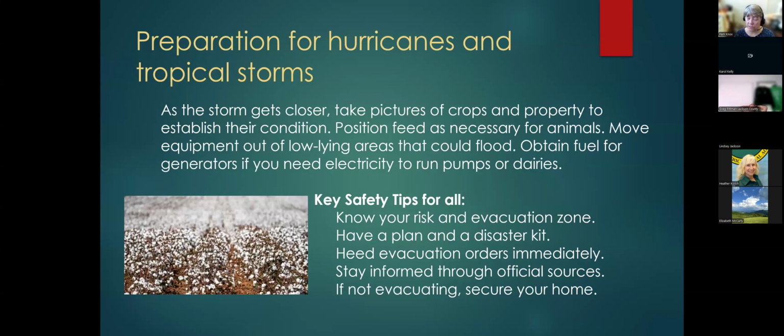Listen to official sources for the most important information about where to go, when it's going to come and hit. Usually, when the winds get too high, they can't send out ambulances or emergency equipment anymore. So then you're stuck. So make sure when you're going to be on your own. If you're not evacuating, make sure you secure your home and find the best place in your home that's going to be safe.